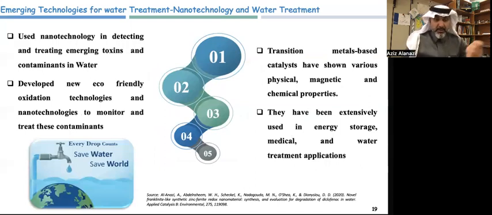You don't need a source of light like many photocatalysts. We focus on catalysts that work in the dark, and it works through the advanced oxidation mechanism. So we developed new eco-friendly oxidation technologies with nanomaterial to treat these contaminants.